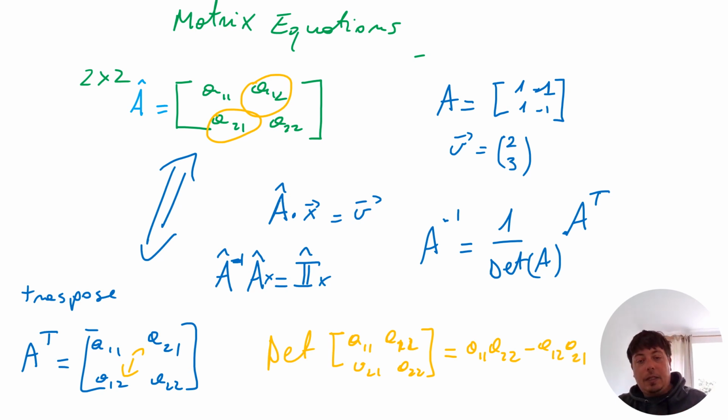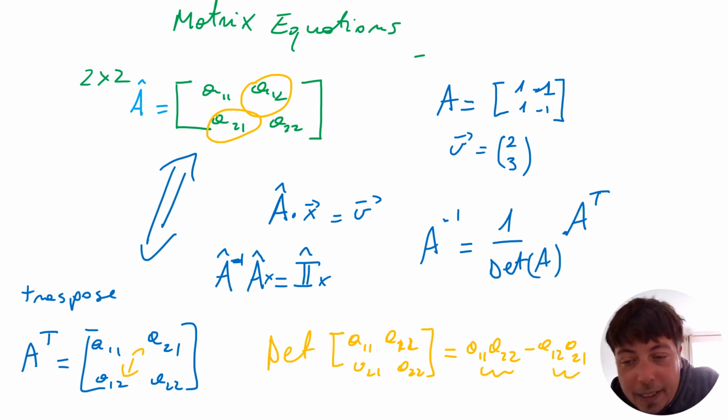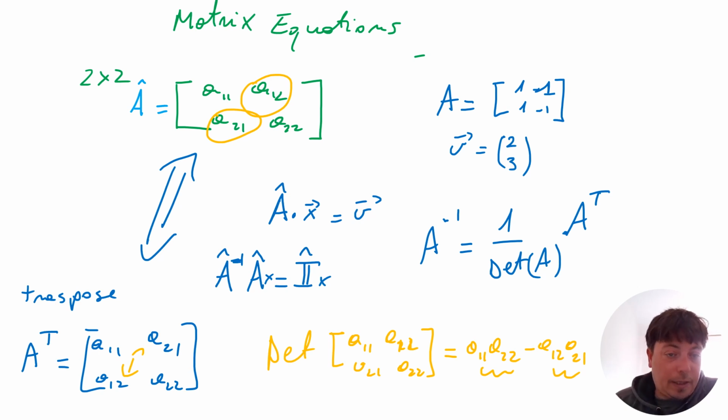So you multiply the diagonal, then multiply the off-diagonal, and you get a minus there. For higher dimensions, it's more complicated than that, but for the 2 by 2 case, it's as simple as that. And you put it down there. Now, we can already see why it's not always true that this matrix exists.